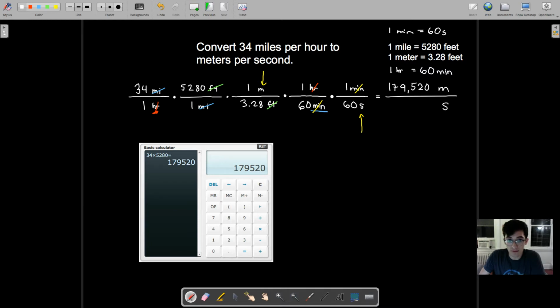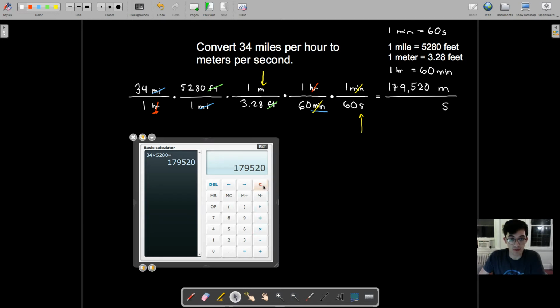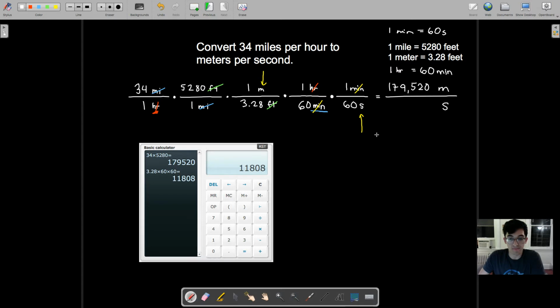Cool. Then on the bottom, this should look kind of familiar. We are going to have 3.28 times 60 times 60. Okay? And we get 11,808. So I'm going to go ahead and write that down here, 11,808. We multiplied all the tops together and we multiplied all the bottoms together.